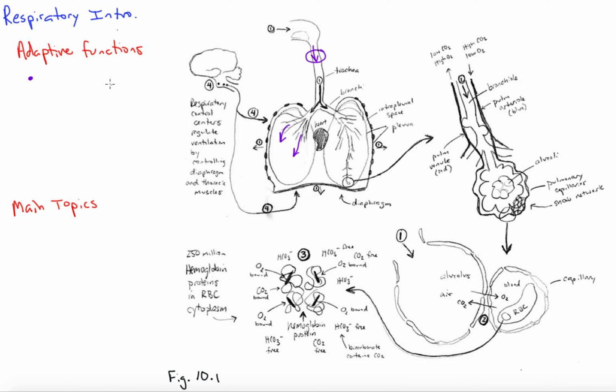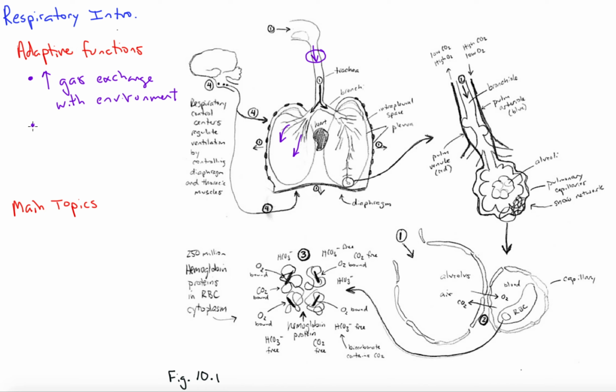Okay, so a big adaptive function is to increase gas exchange with the environment. And we're not just interested in oxygen, we're interested in carbon dioxide as well. So let's focus on each one of those for just a moment.